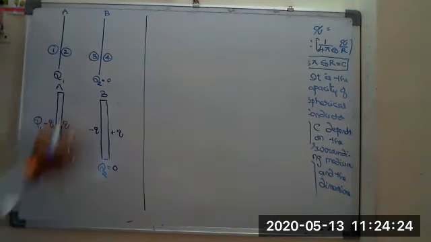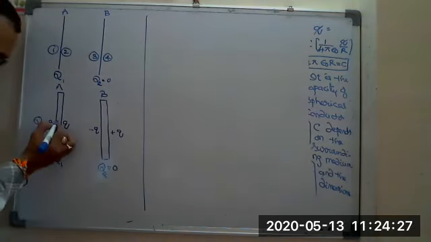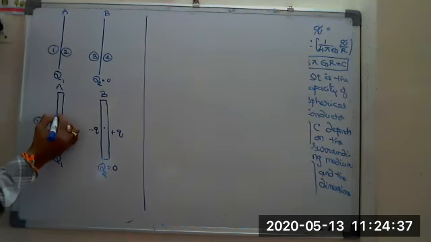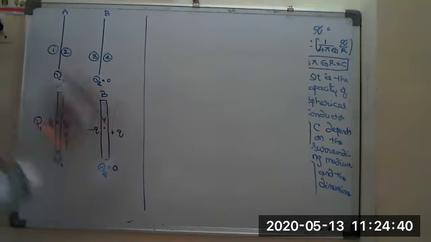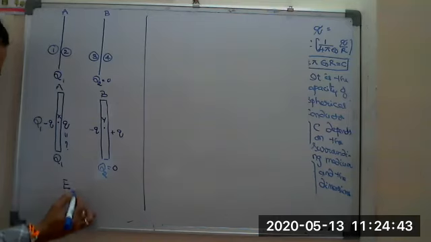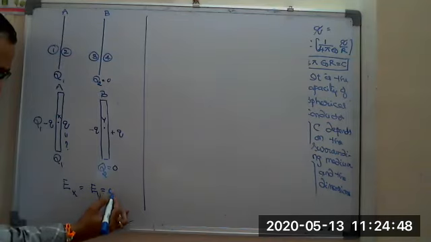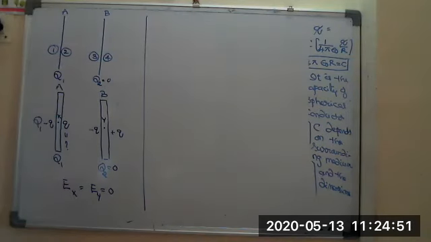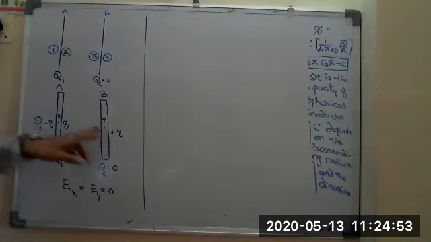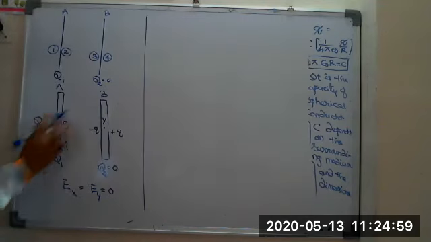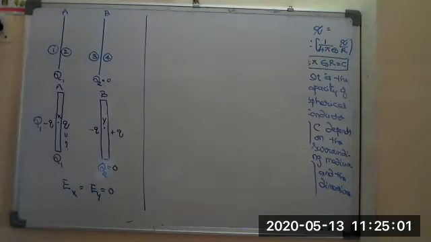Since these are conducting plates, the electric field intensity inside the plate A or inside the plate B, at the points X and Y, E at X equals E at Y equals 0. Why? Because they are conducting plates. Inside conducting plates the field intensity is 0, what we discussed previously.